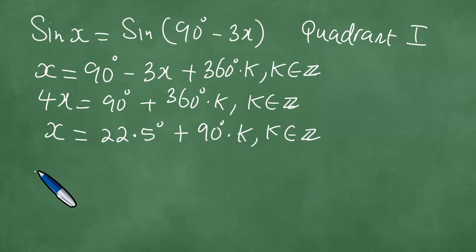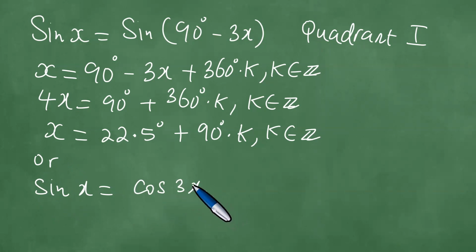Right, and that is the solution for the first quadrant. Now we are going to focus on the second quadrant, which means we have the sine of x equals the cosine of 3x.